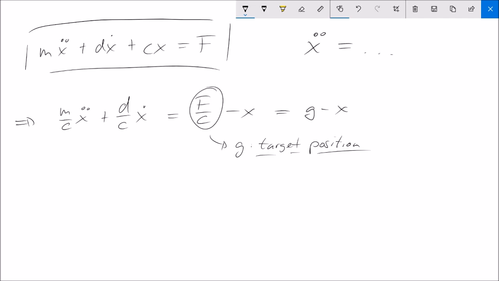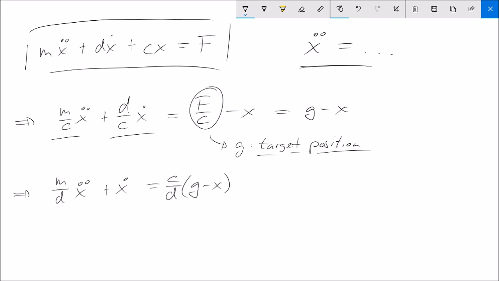In order to get this form here on top, we have to bring the rest on the other side and we have to divide through this. We can do that stepwise as well by first multiplying by c and dividing by d. That leads to m divided by d x dot dot plus x dot is equal to g minus x multiplied by c divided by d.